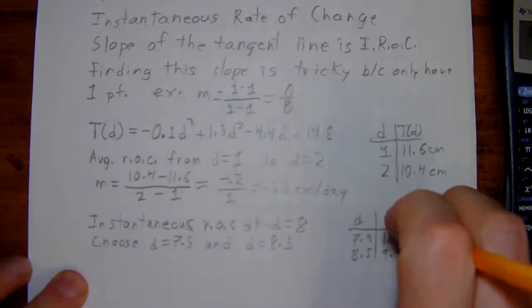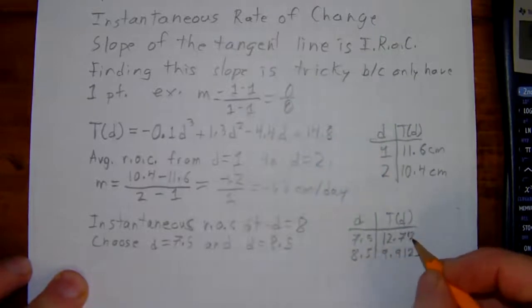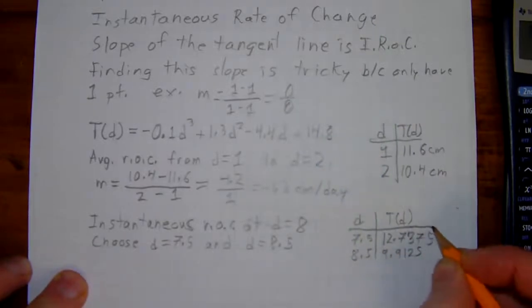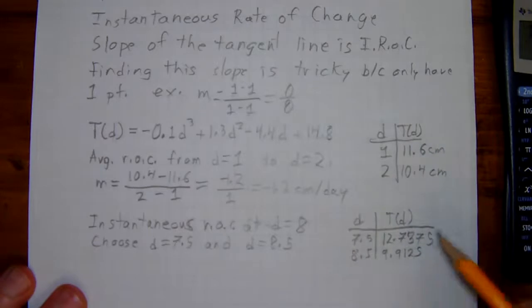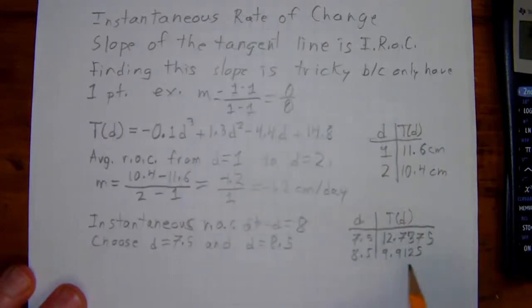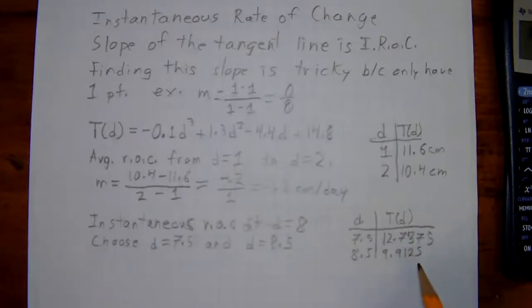So this is 12.7375. And that's actually something I should make a point of. You should keep as many decimal places of accuracy as you can here. The reason is the denominator in the rate of change is going to become really small as we pick points closer and closer to the one where we're trying to find the instantaneous rate of change.